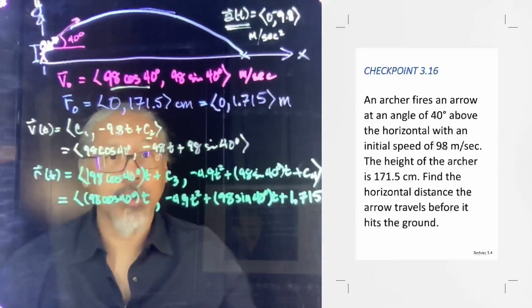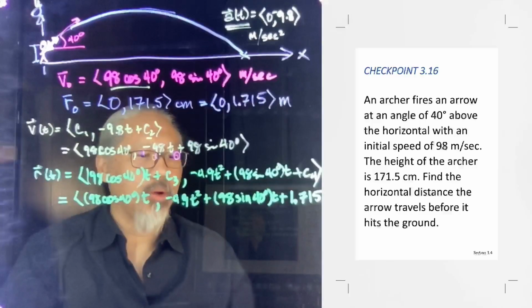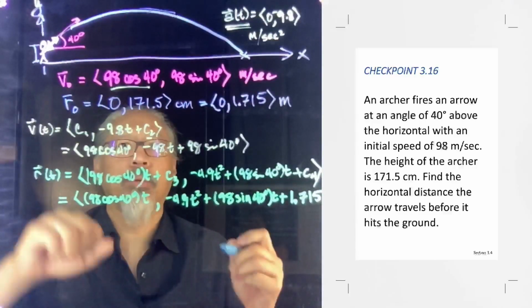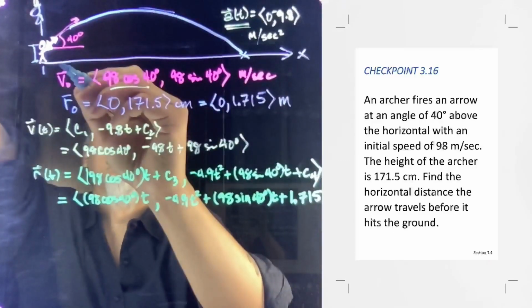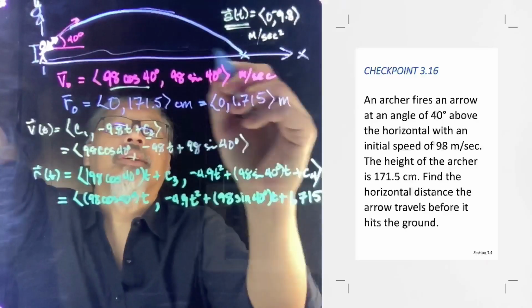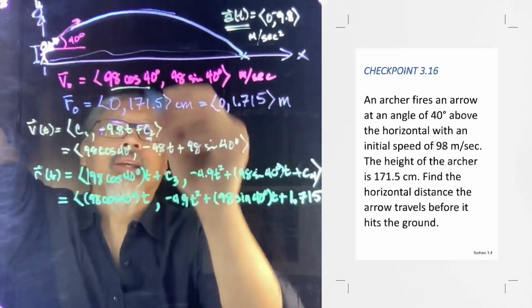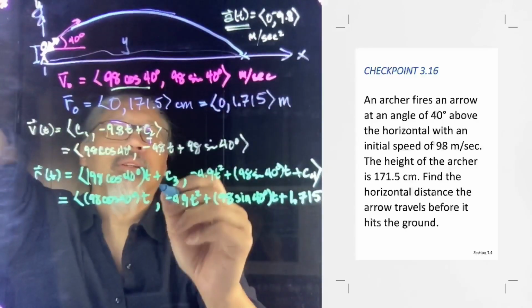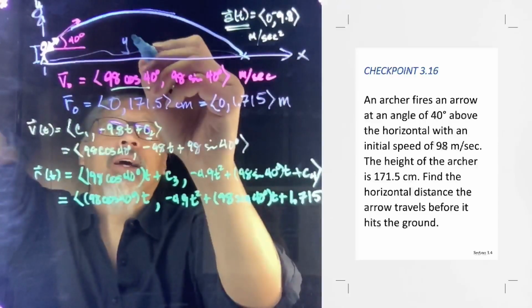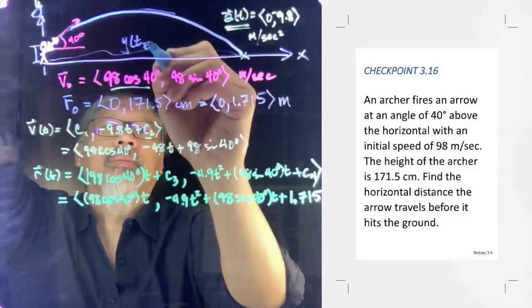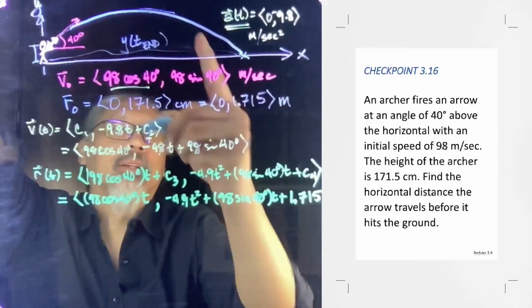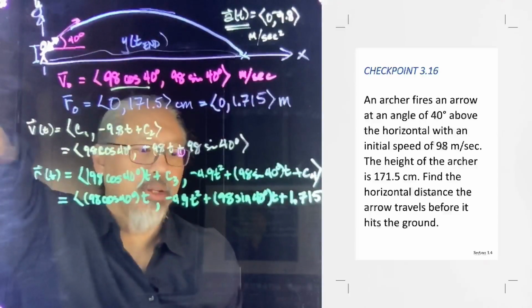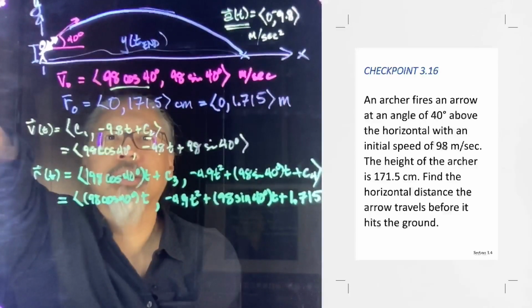Now let's answer the question of when it's going to land and how far it's going to land. We want this distance over here, which is the x component at the time where it ends. So I think we need to find out where it ends first.